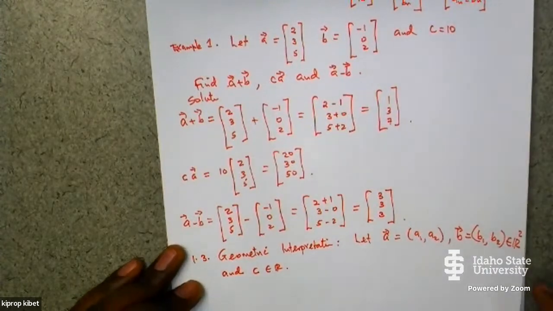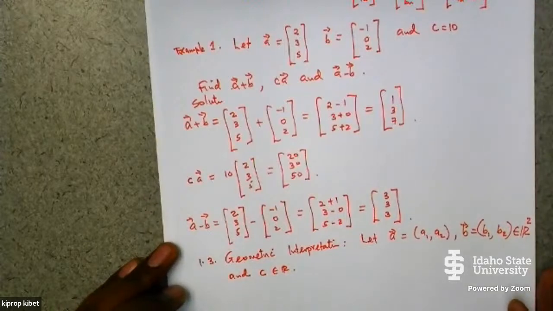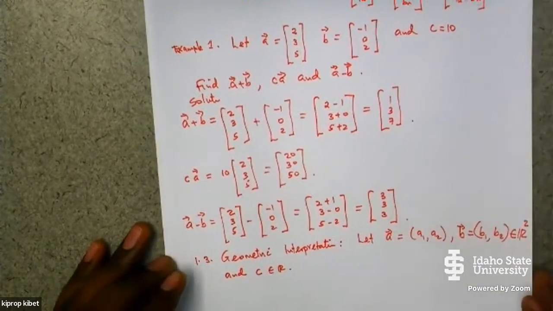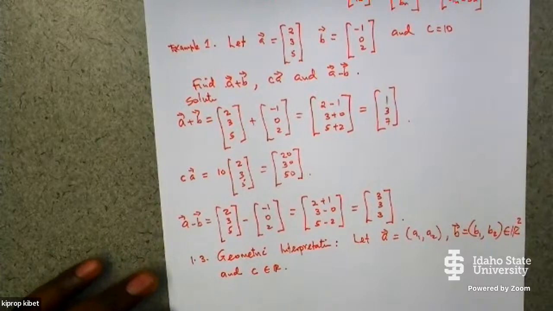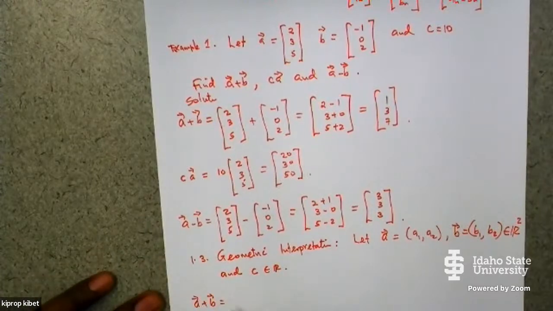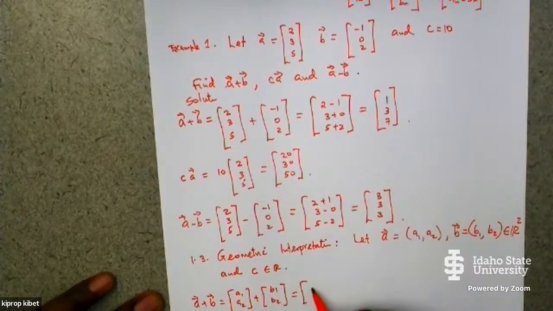Now let's start from the first one. If we are adding A and B, so if we add vector A plus vector B, then it is the same as A1, A2 plus B1, B2, which is equal to A1 plus B1, A2 plus B2.